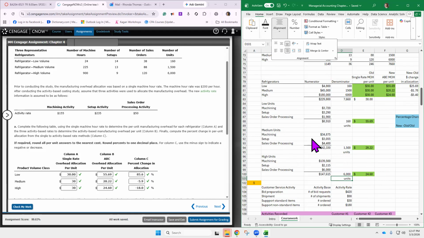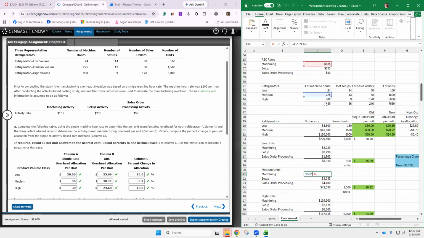Okay, so the medium units, the machining with 225 machine hours times 155. Okay, and then we want setups of 13 times 235, and then we want sales orders, 88 sales orders times 50. When you do all three of those activities and add them together and divide by 1,500 units, each unit in the medium refrigerator gets $28.22 applied to it of manufacturing overhead.